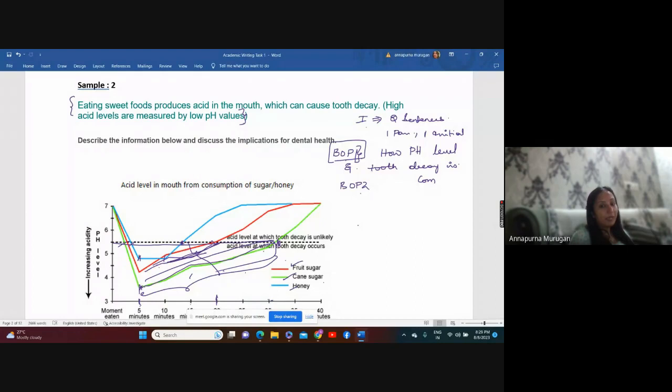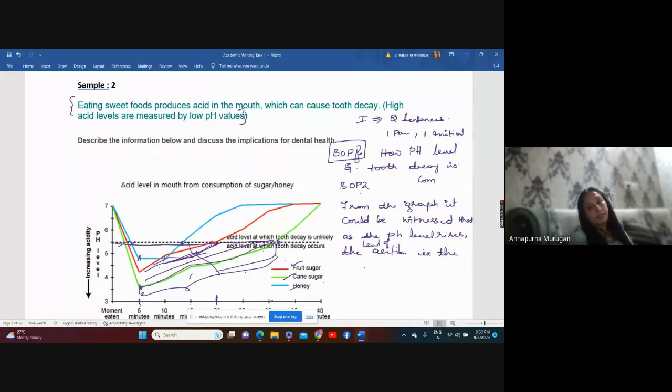For example, in the body paragraph I write: from the graph, it could be witnessed that as the pH level rises, the level of acidity in the mouth decreases. Okay, so this is the thing.